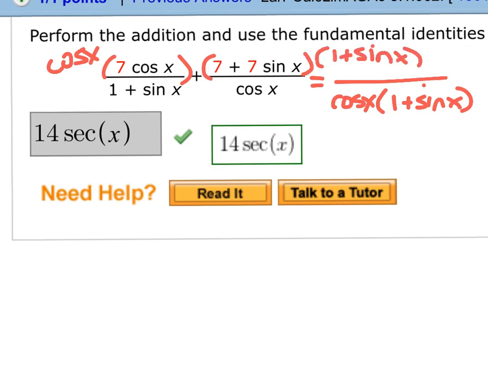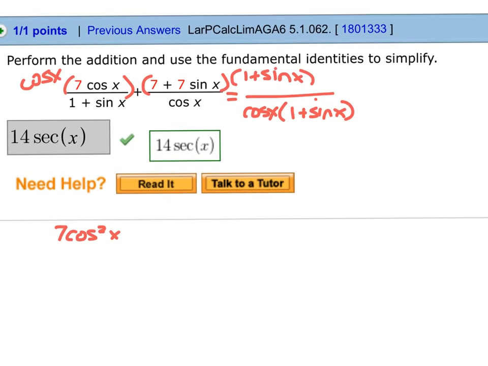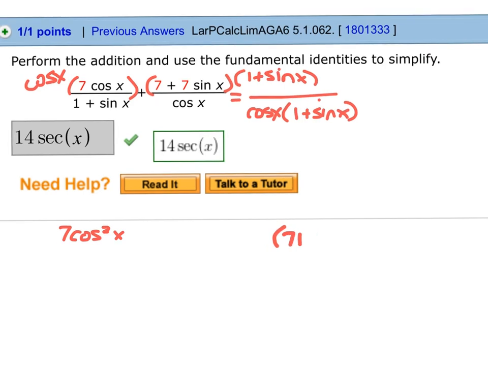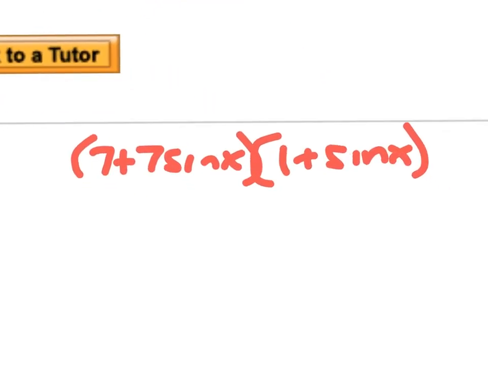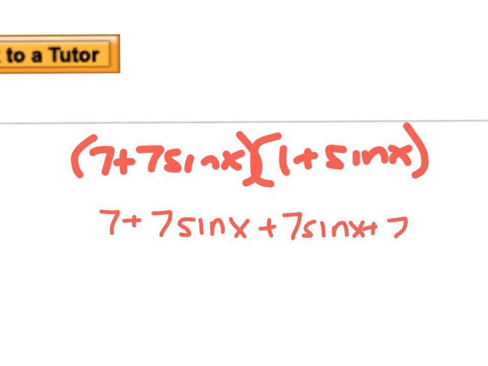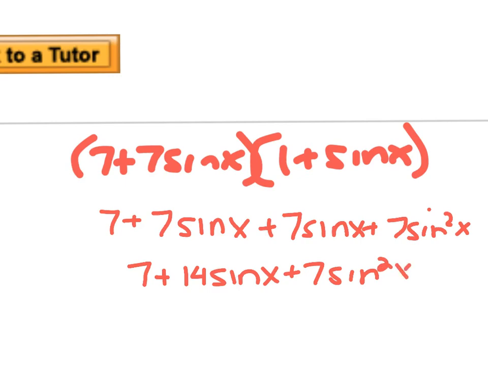So cosine times 7 cosine x is 7 cosine squared x. And then 7 plus 7 sine x times 1 plus sine of x. I'm going to FOIL that out. I get 7 plus 7 sine of x plus 7 sine of x plus 7 sine squared x. Or 7 plus 14 sine x plus 7 sine squared x.